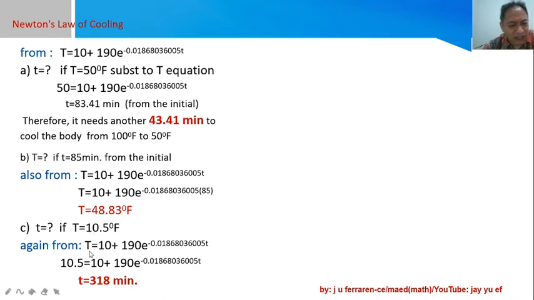Now, you will notice that if this is 10, this is 10.5, when you subtract, there is a difference of 0.5. Okay? So, we have 10.5, and we have 10 here, plus 190 exponential with an unknown value of your T. So, you can use your calculator to obtain this. So, we have a number of minutes from the initial. So, it takes 318 minutes to cool down up to a body temperature of 10.5 degrees Fahrenheit.